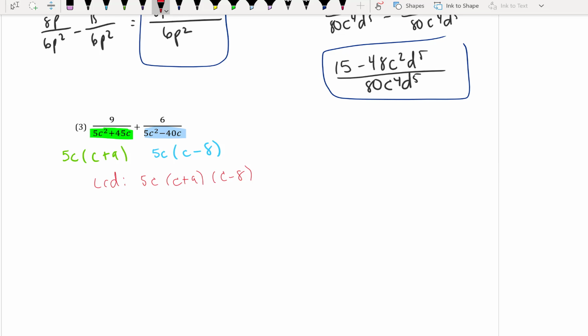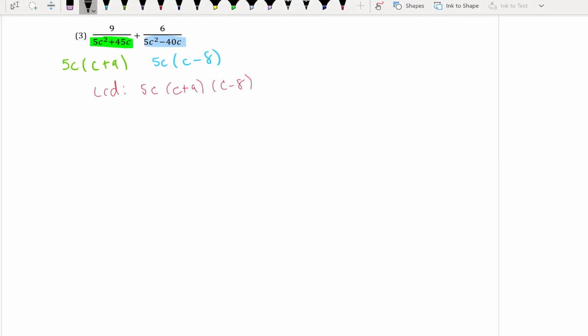Okay. So now I know that my LCD is going to be 5c, c plus 9, and c minus 8. So now I'm going to rewrite my fractions. So that first fraction, I have 9 over 5c, c plus 9. So I definitely have the 5c. I have the c plus 9. So what's missing is that c minus 8. And whatever I multiply the bottom by, I must multiply the top by as well.